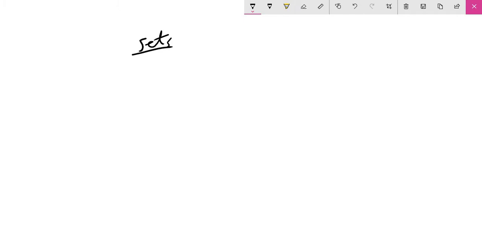So basically, a set is usually represented by a capital letter, and it is described by elements within two curly braces. So this is a set P, and it could contain anything. In this situation, it could contain 1, 2, 3, 4, 5.